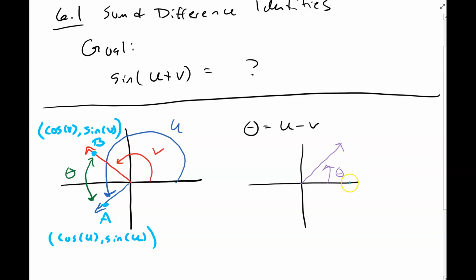Similarly over here, this point would be 1, 0. I'm going to call this point B prime. And then this point, I'll call A prime, would be cosine theta, comma, sine theta.